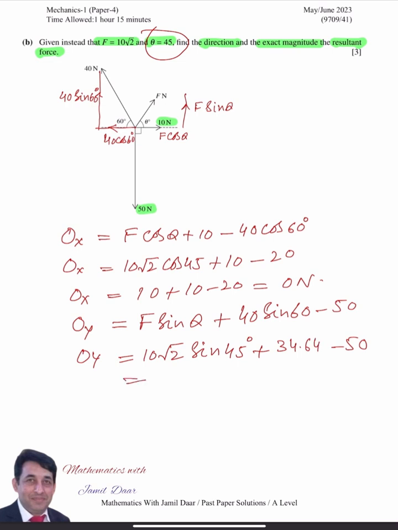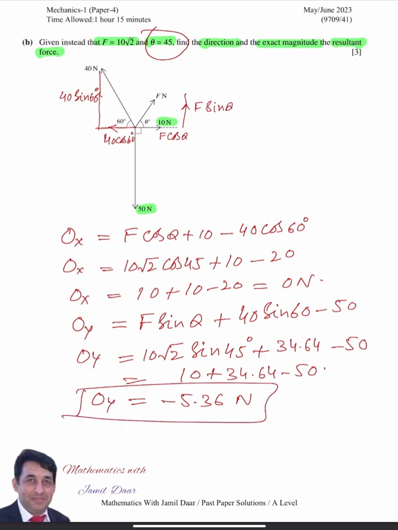Okay, and this is 10 plus 34.64 minus 50. So 44.64 minus 50 is minus 5.36 Newton. So Oy is negative 5.36.